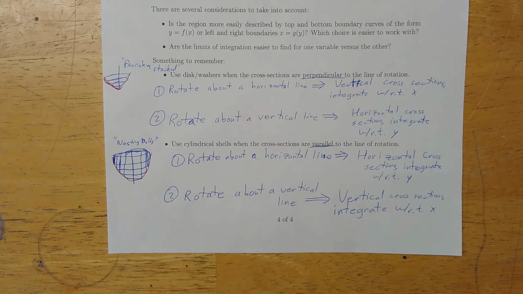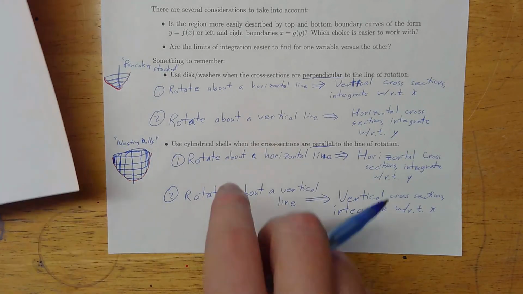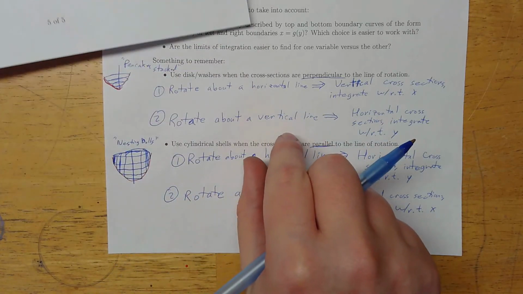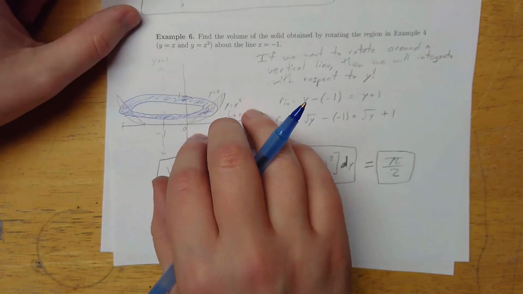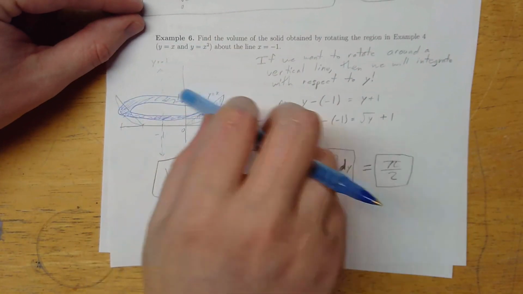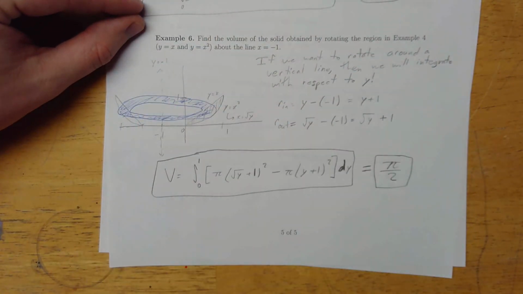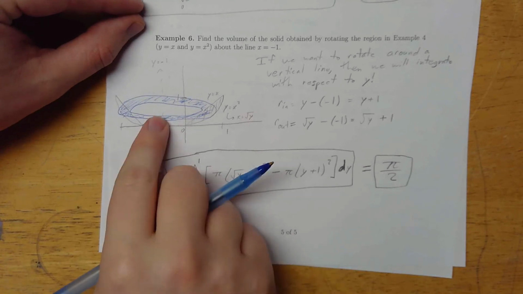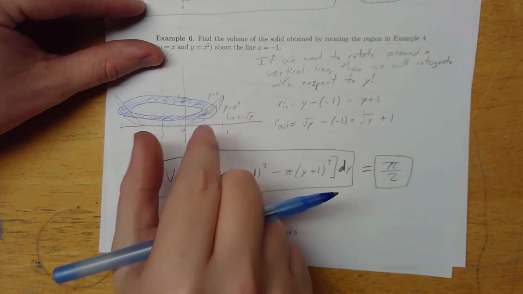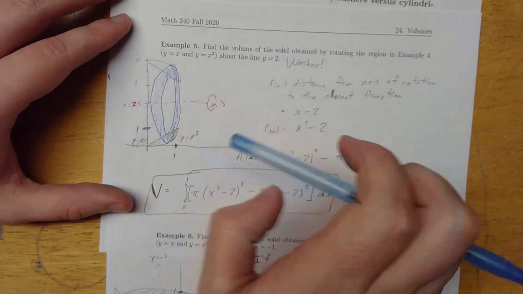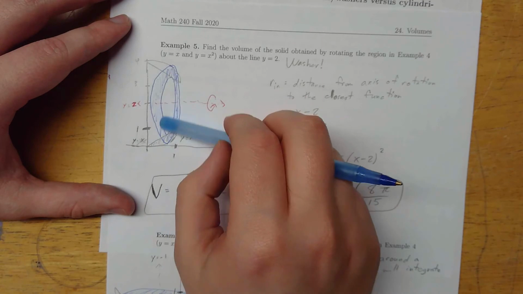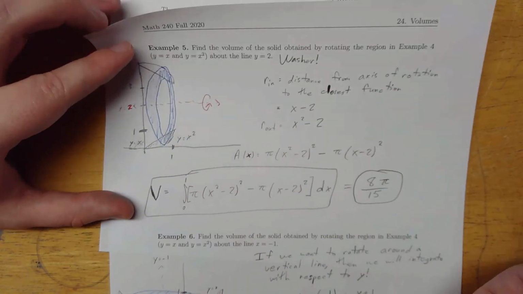So we find the example we had used from before, example 6 from when we were using our discs and washers. Here we had some vertical line we were going around, and when we wanted to find our radii, they were then in terms of y. But when we wanted to go around a horizontal line, everything was in terms of x.